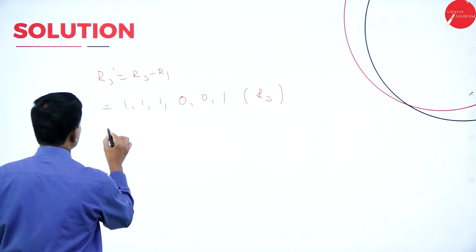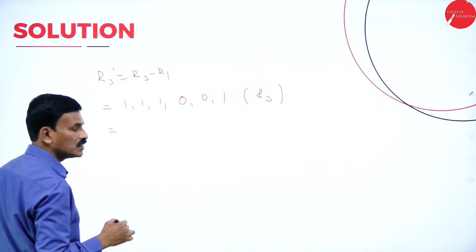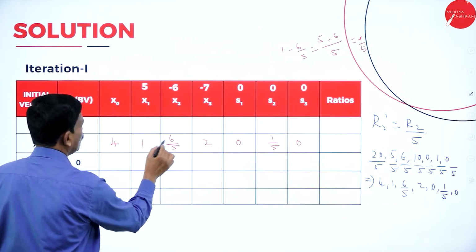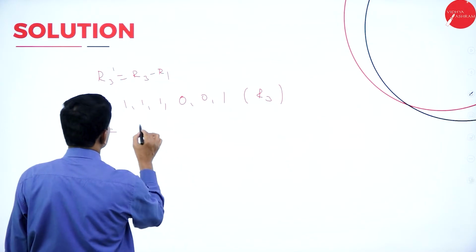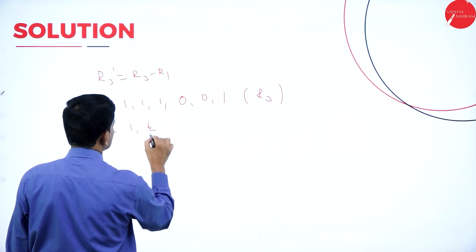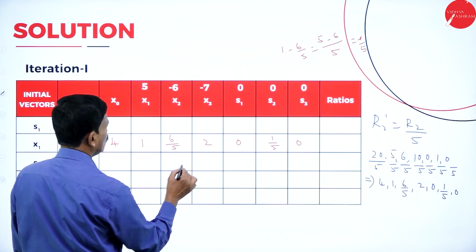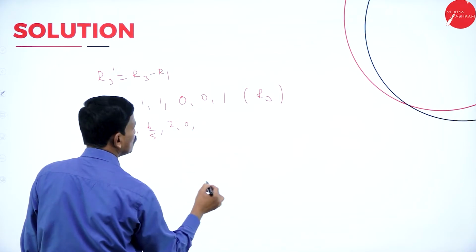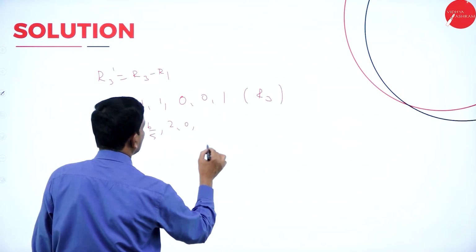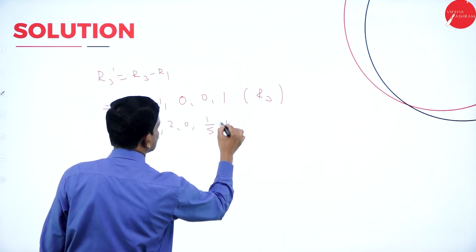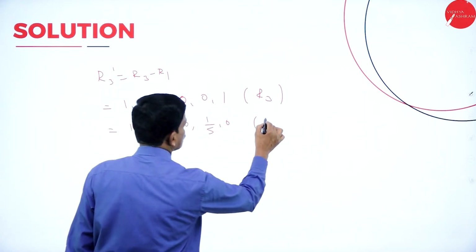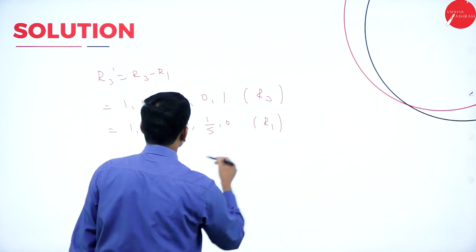Now write down the elements of R1 from the first iteration. R1 is 1, 6 by 5, 2, 0, 1 by 5 and 0. This is the new R1.